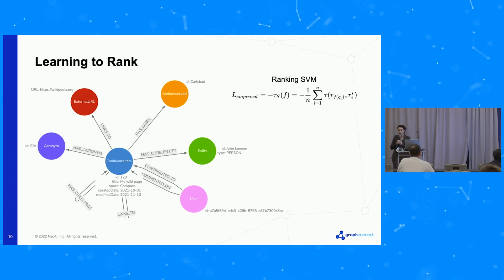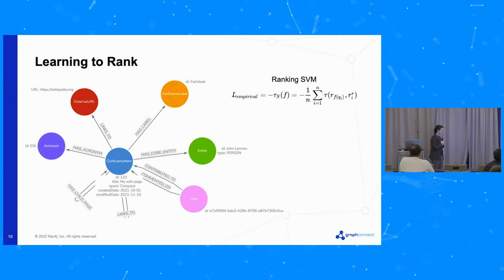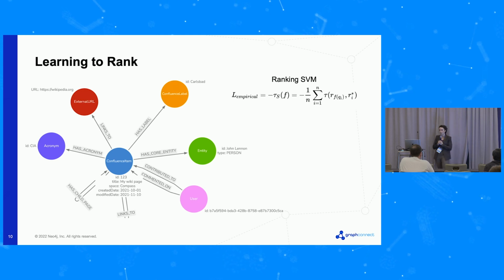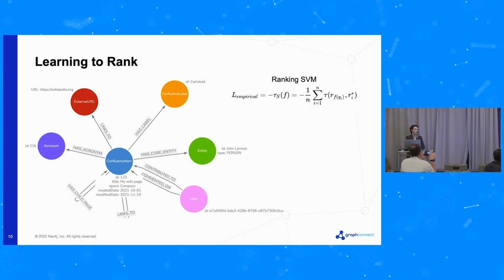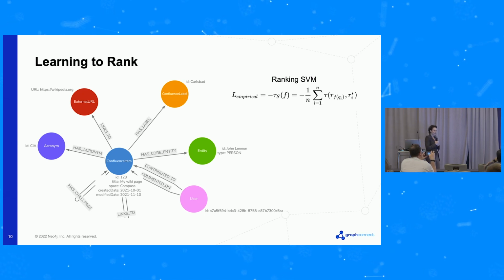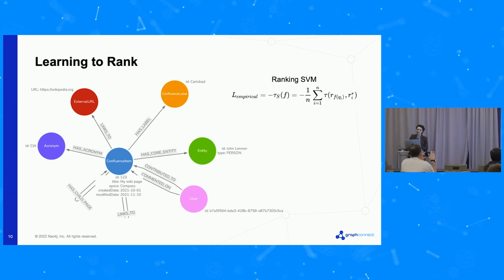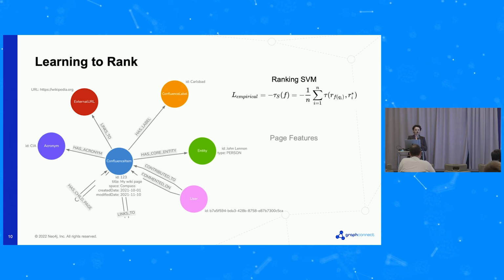So how are we leveraging some of this? Well, right now, in the first iteration of this product, we are trying to leverage elements in the graph to deliver better relevancy on the search results. So we're leveraging some learning to rank algorithms. Right now, we're using a ranking SVM. And what are we using? We are using some of the attributes that you see there in the graph, so those page features.